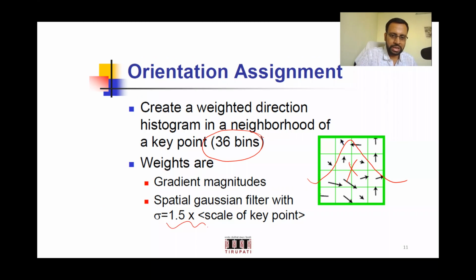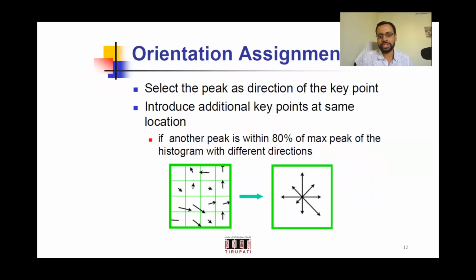So a spatial Gaussian filter with a variance of 1.5 times the scale of the key point is another important thing you need to apply. This is why it is said the devil is in the detail. If you blindly apply 1.5 for every key point, it is not going to work, because each one is a key point at a different scale. You need to keep that in mind while applying the Gaussian smoothing.